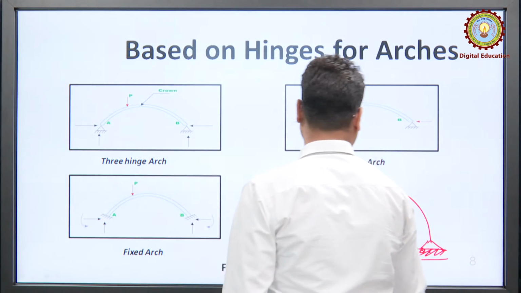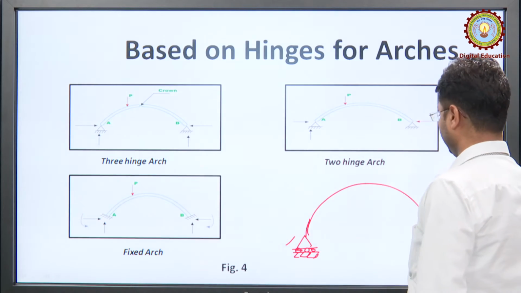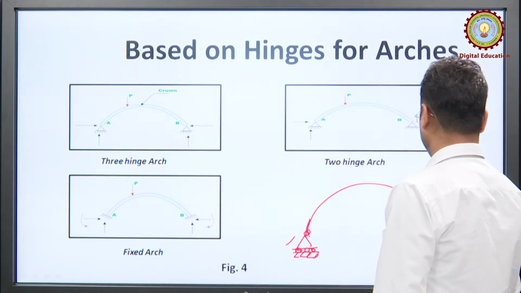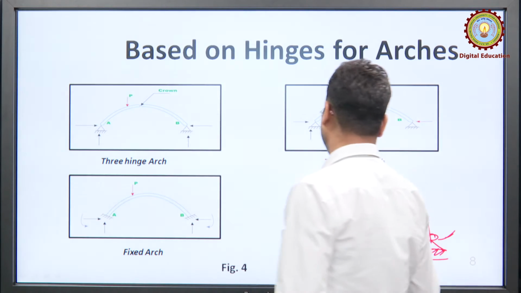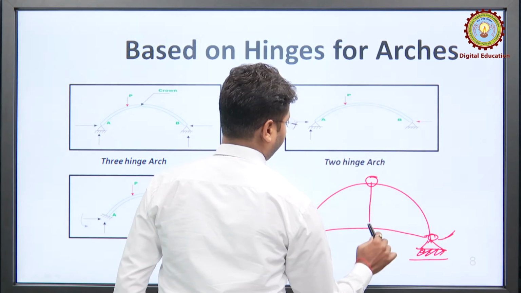Now we have two supports here. This is called a two hinge arch.